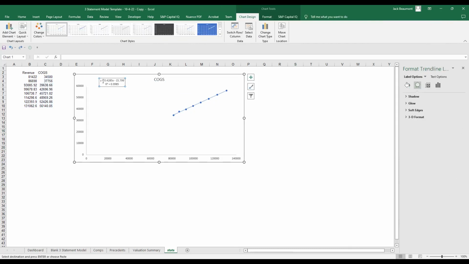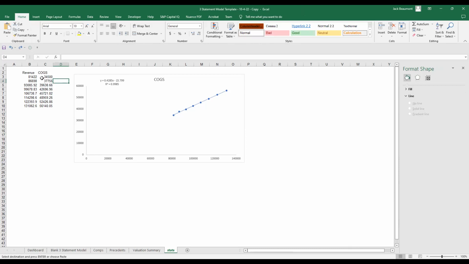So what is that telling you? Well, our independent variable here is revenue, okay? And so that's charted on the x-axis. And then our dependent variable is cost of goods sold. Now, if you're like me for a while, I was like, independent, dependent variable, what do you really mean by that?